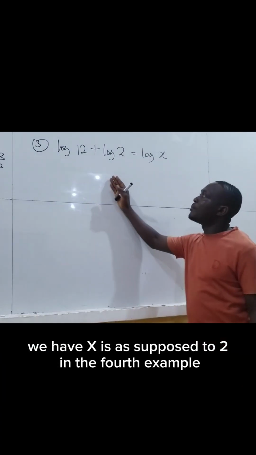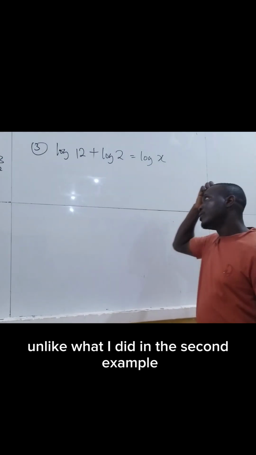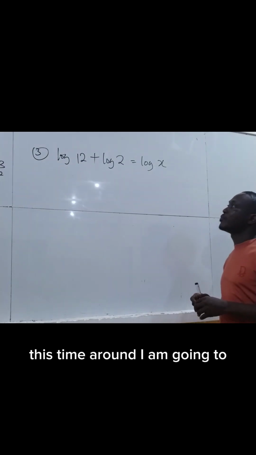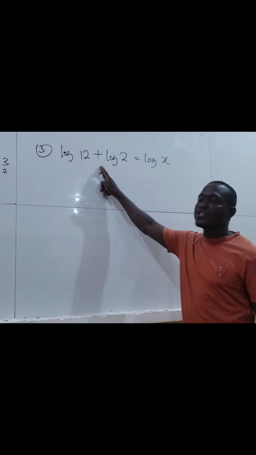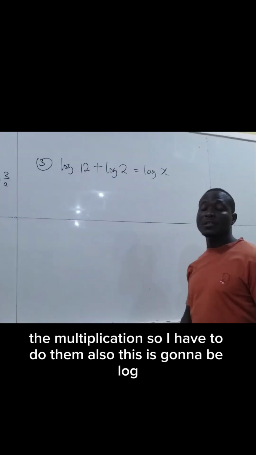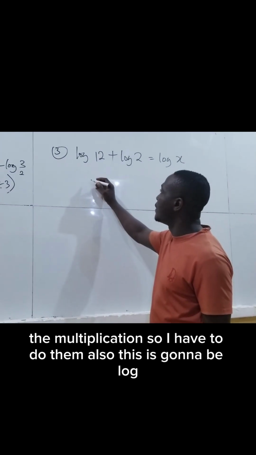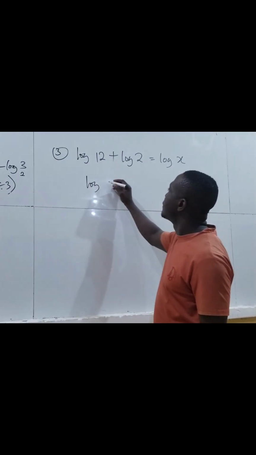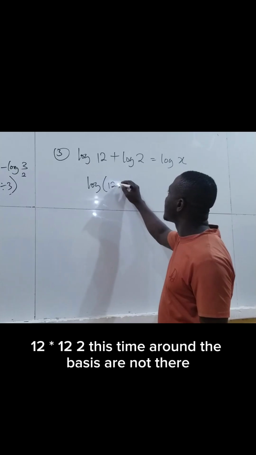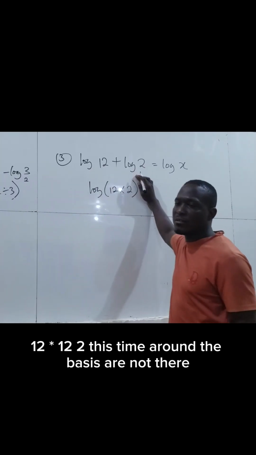In the third example, unlike what I did in the second example, this time around I am going to change the addition sign to multiplication. So I have to group them also. This is going to be log 12 times 2. This time around, the bases are not there.